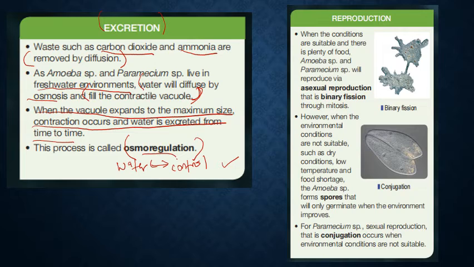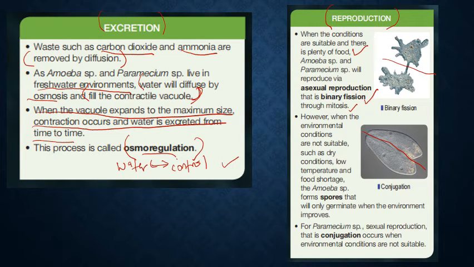Now reproduction is another important life process in which the organism increases in number. When the conditions are suitable and there is plenty of food, amoeba and paramecium will reproduce by asexual reproduction, that is binary fission through mitosis. Binary fission means they simply split into two individuals.